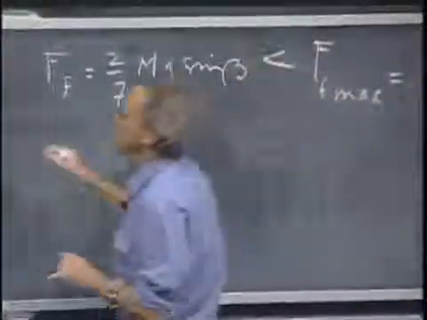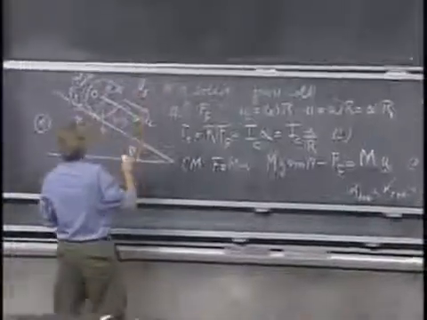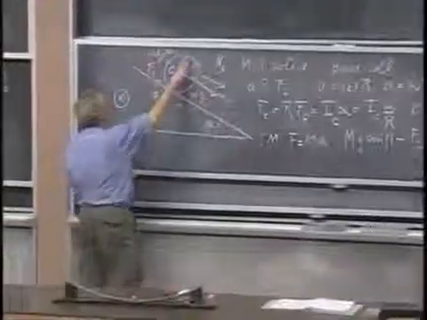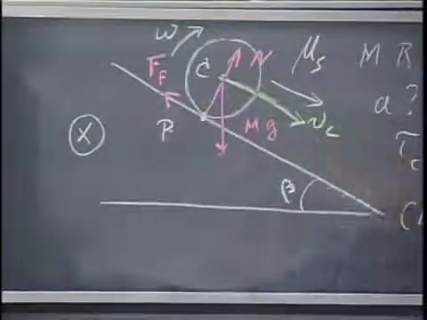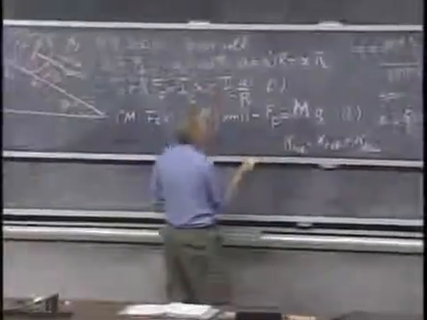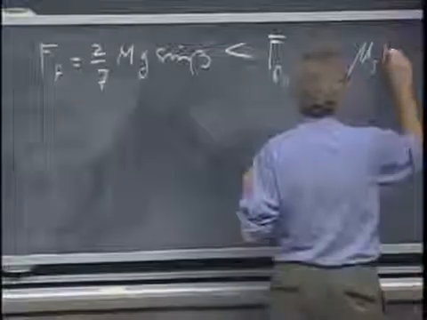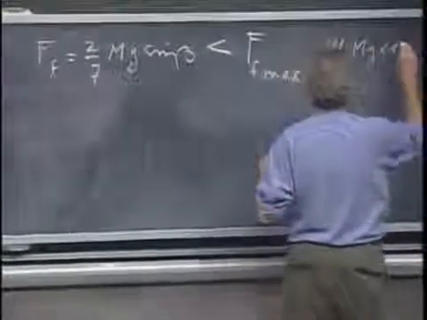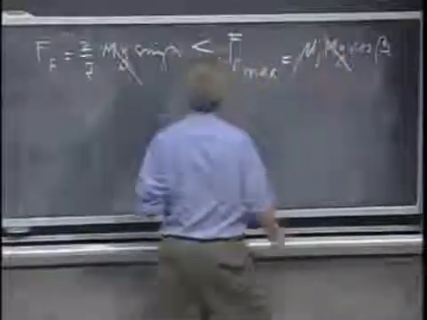But the maximum frictional force is mu s, the static friction coefficient, times this value N. And this value N is mg cosine beta. And so this is mu s times mg cosine beta. I lose my mg, no surprise.